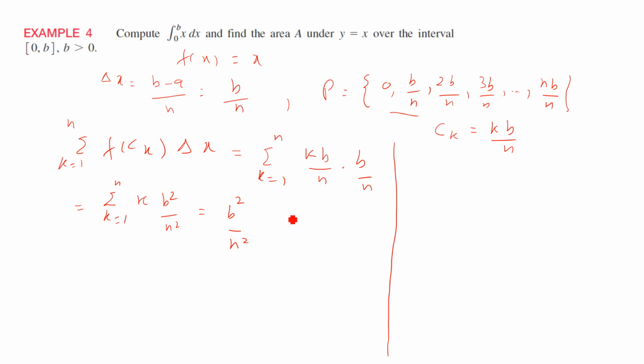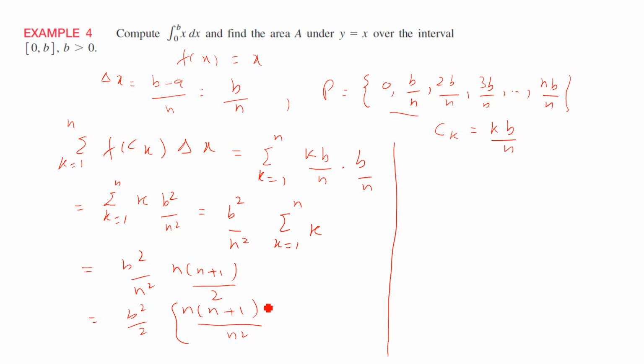b square over n square sigma k, where k varies from 1 to n, and from the previous section we know that sigma k is equal to n into n plus 1 divided by 2. Now this can be written as b square over 2 into n into n plus 1 divided by n square.